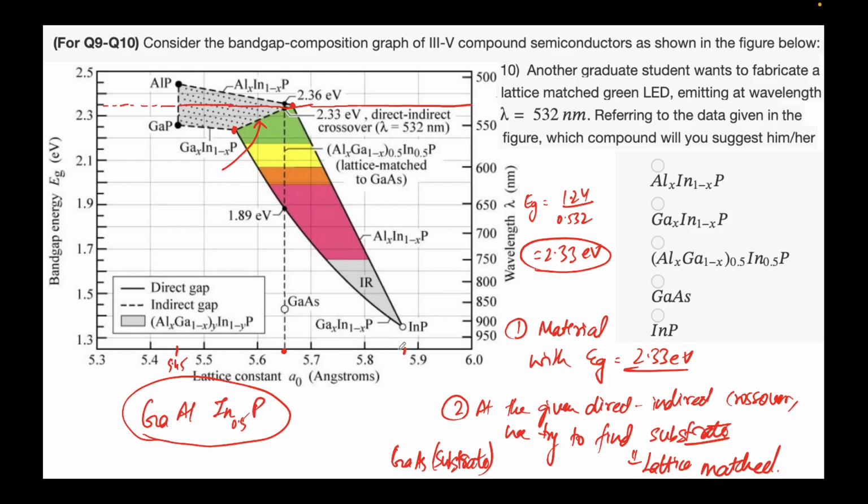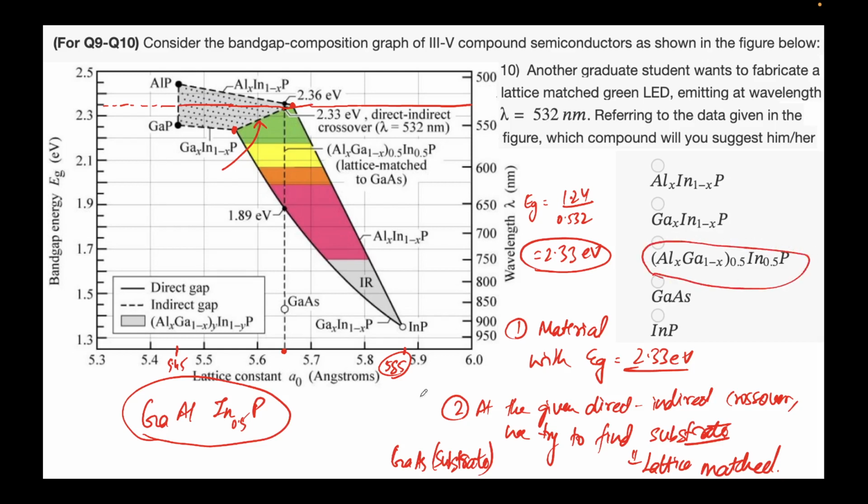This is 5.85. And we are right in the middle of it because it's lattice matched with gallium arsenide. So when it is between 5.45 and 5.85, the indium concentration that we are changing here is 0.5. Hence we do this, and it's a quaternary alloy, so aluminium and gallium will be over here at this point.